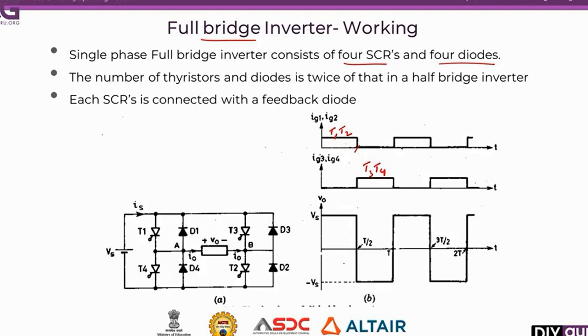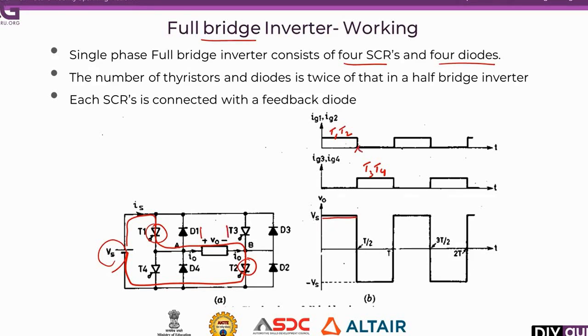So when thyristors T1 and T2 are turned on, current from the supply will flow in this direction and enter the positive of the load. Thyristor T2 will be conducting and it reaches the negative of the load. Whatever voltage is applied here will fall across the load, so I am getting the voltage Vs here.